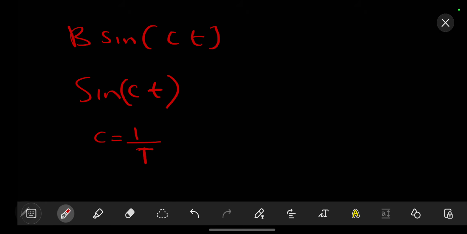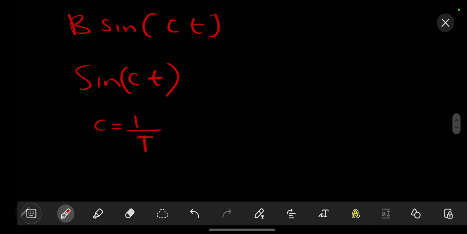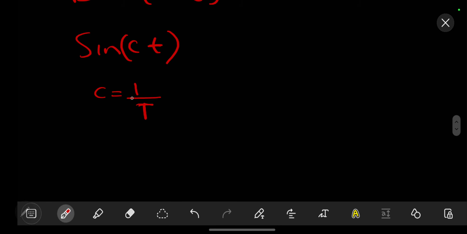So that when you put c there, it can cancel with this time. Now let me give you an easy way to remember how to find the values. According to dimensional analysis, trigonometric ratios are considered to be dimensionless. So we just take what is in the brackets, ct, and equate it to positive 1, to show that it should give a pure number.